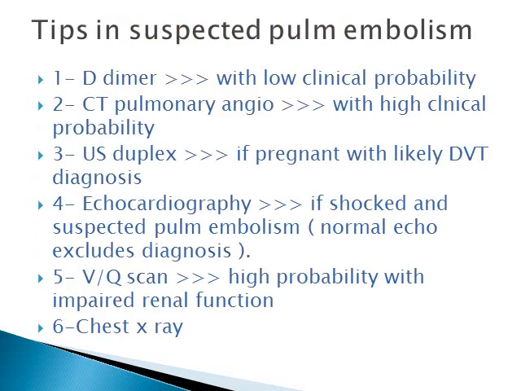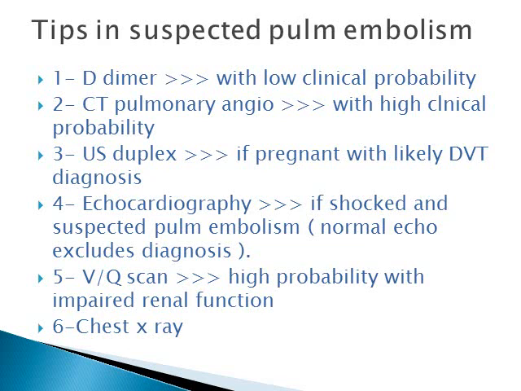So we start with some tips in utilizing diagnostic tests. You may be asked about the best initial investigation for a patient with a clinical picture suggestive of pulmonary embolism. So D-dimer may be provided in the question, either negative or positive, or you may be asked about the initial test and D-dimer is given as one of the choices.